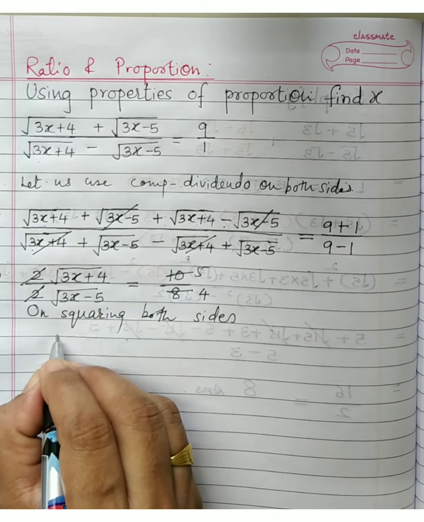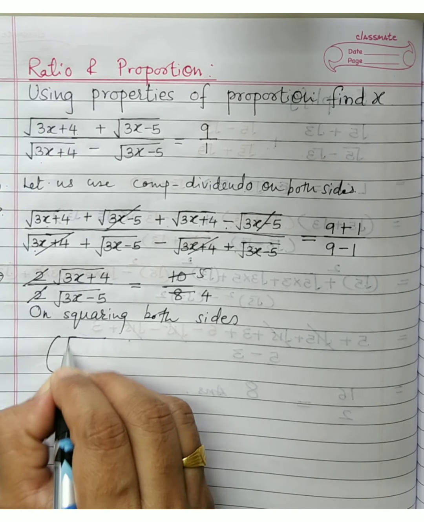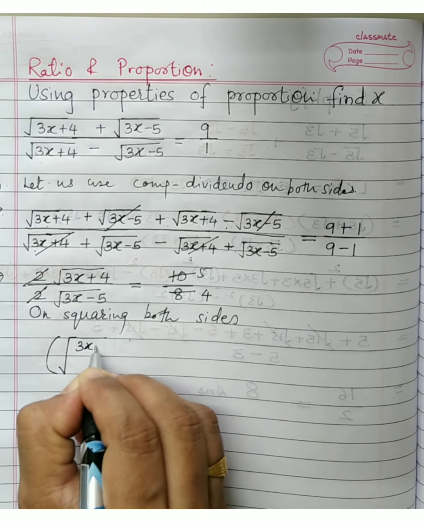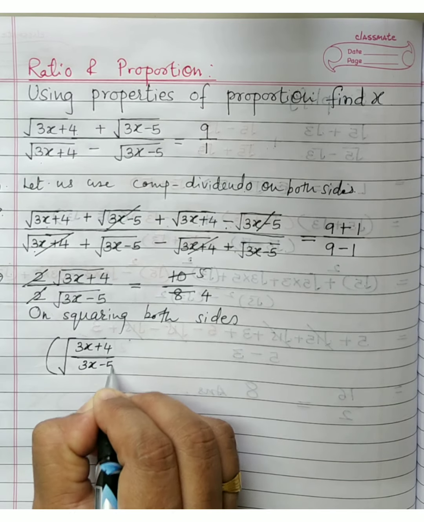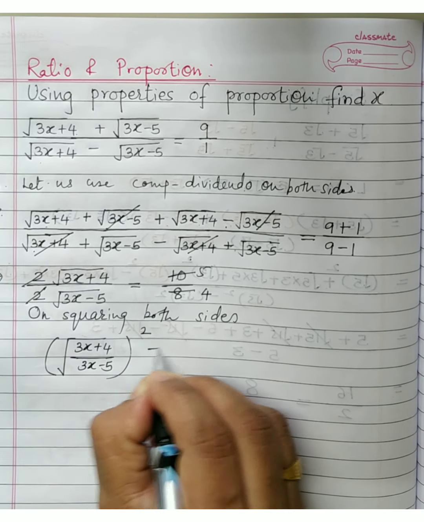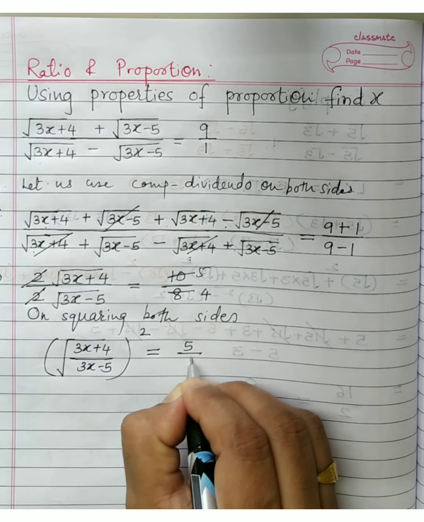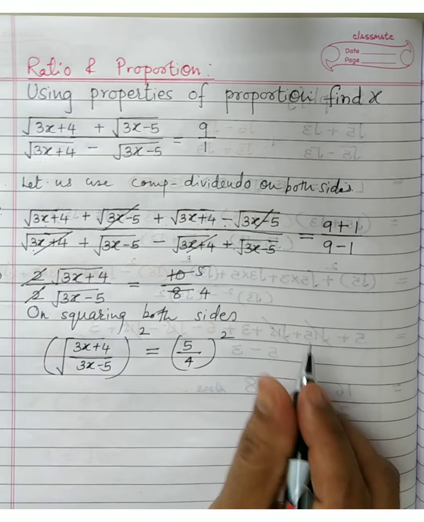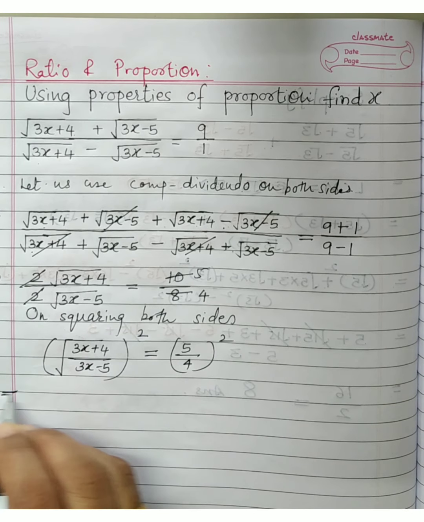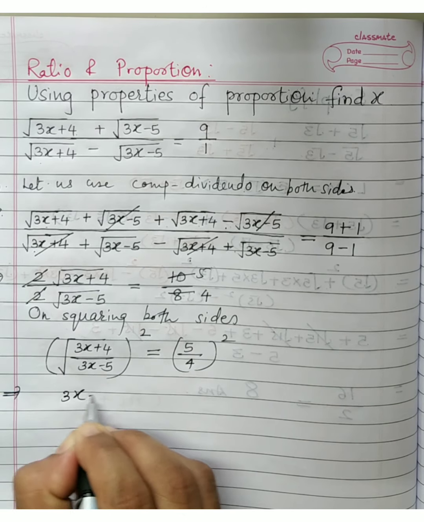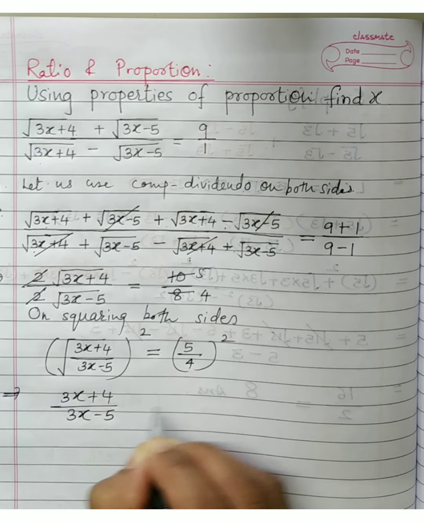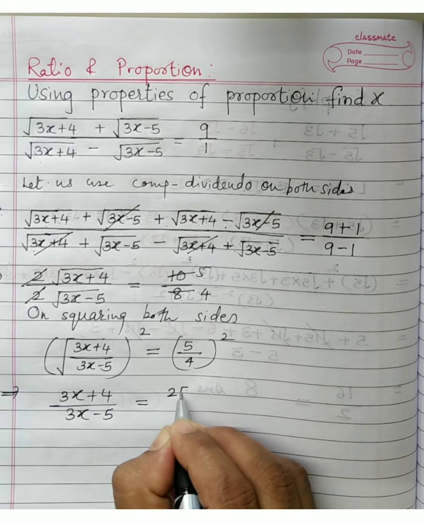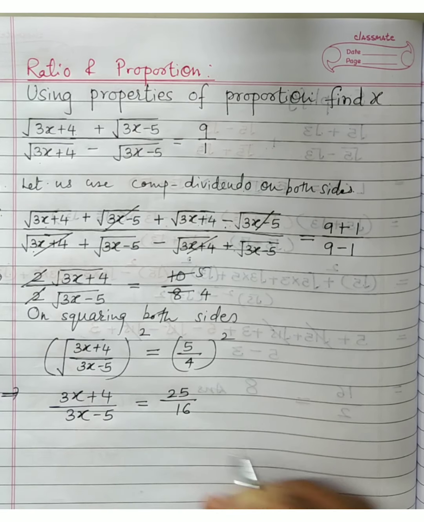What will this be? Whole root 3x plus 4 upon 3x minus 5 the square equals 5 upon 4 the whole square. Eliminating this gives you 3x plus 4 upon 3x minus 5 equals 25 upon 16, right?